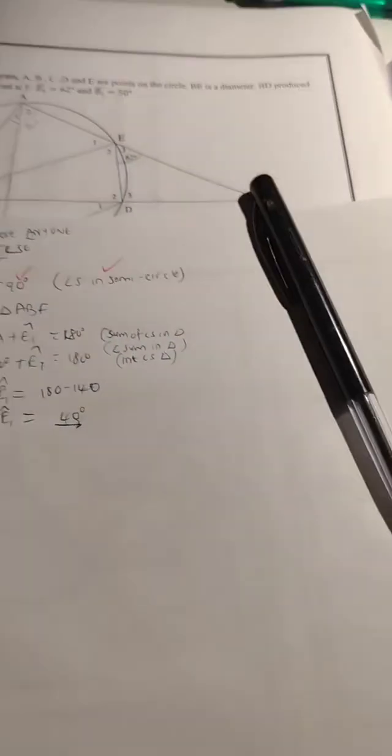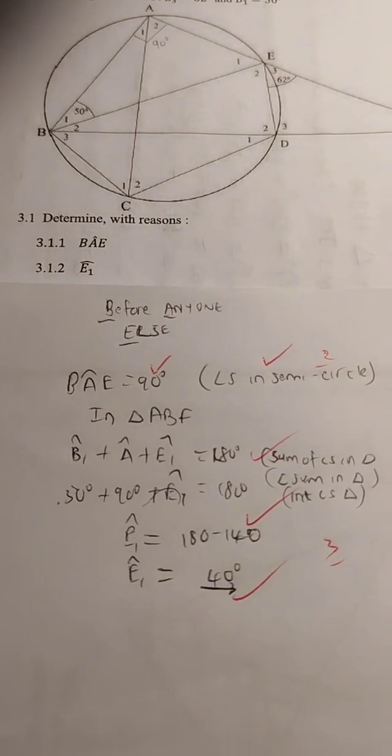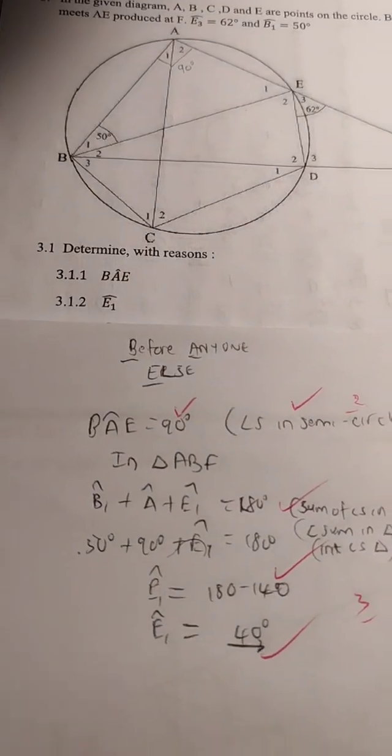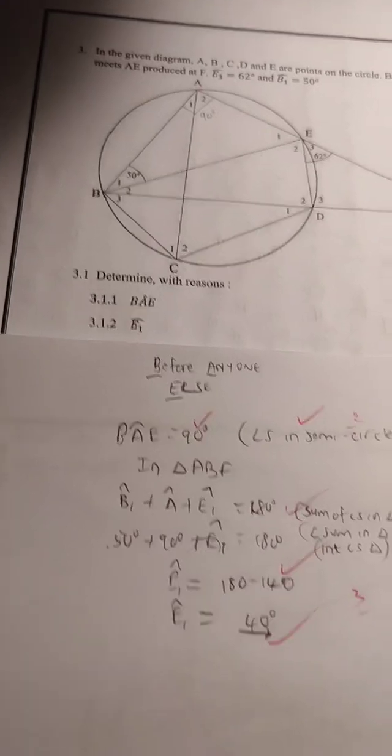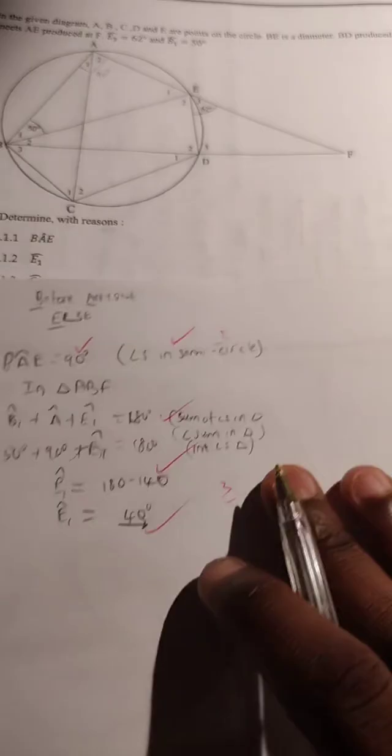That's angle E1. Okay, angle BAE is 90 degrees, angle E1 is 40 degrees.